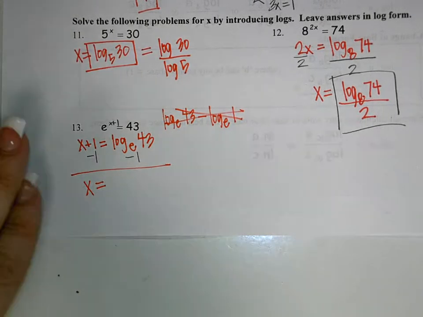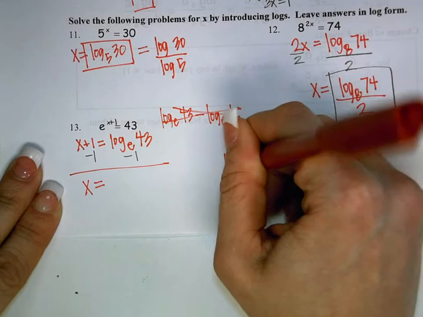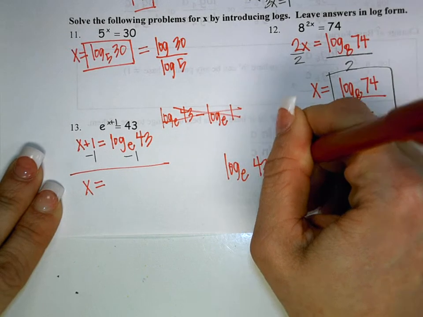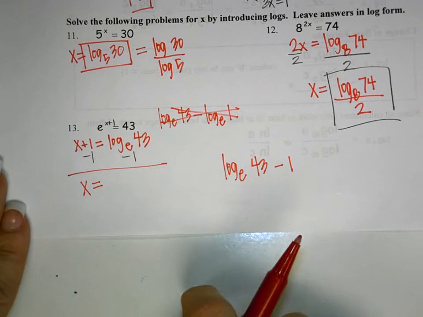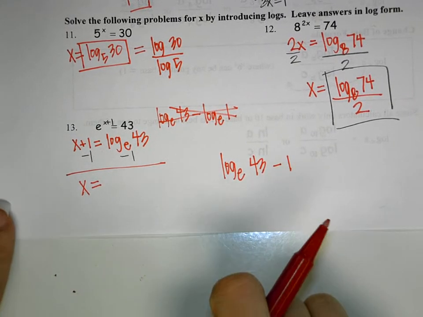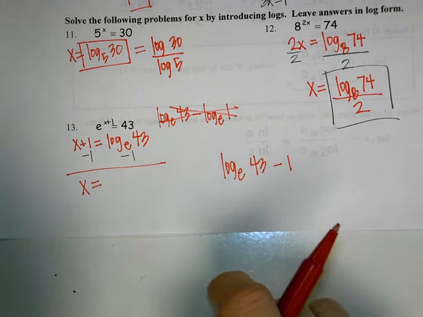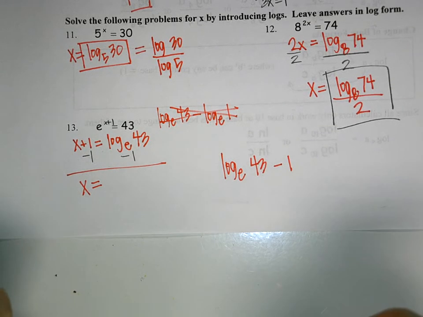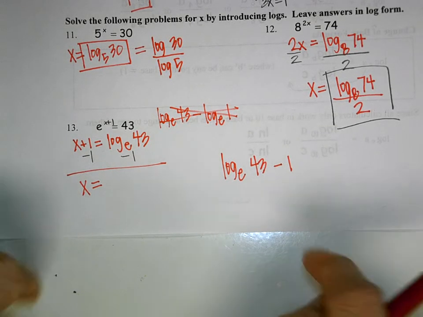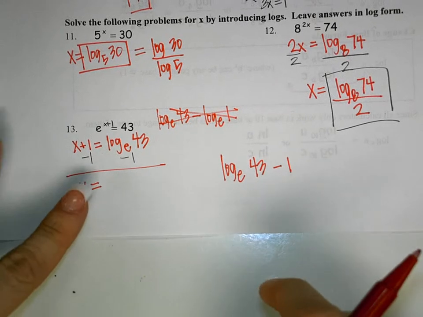Now, do you think that I can just write log e of 43 minus 1? What does this tell you to do first? If you read this question, what does it tell you to do? Tells you to do the log of e first. Does it? This would mean that you would actually subtract first, and you're not.